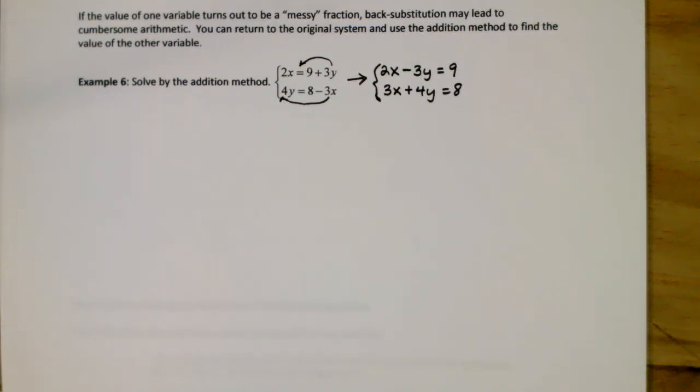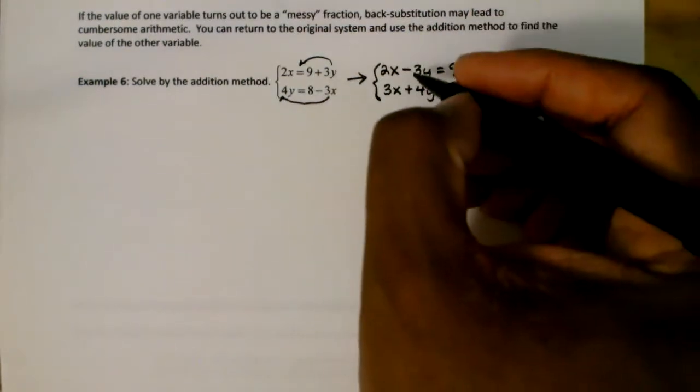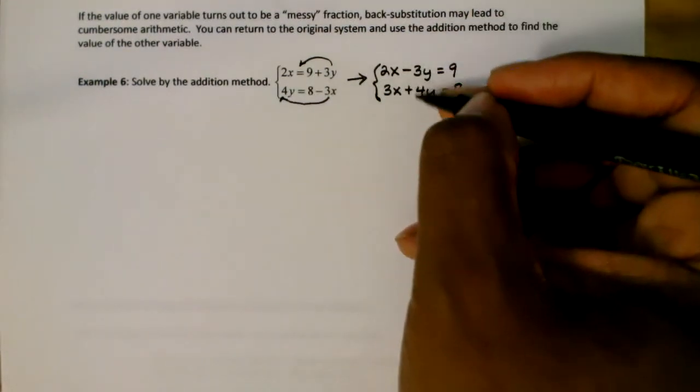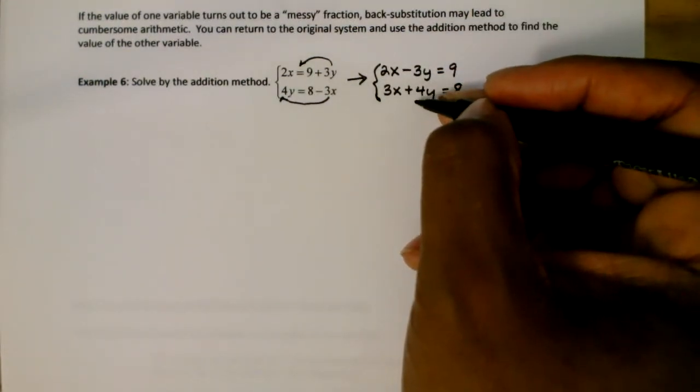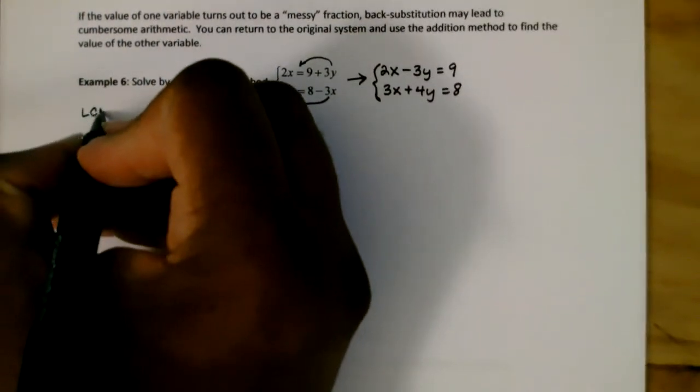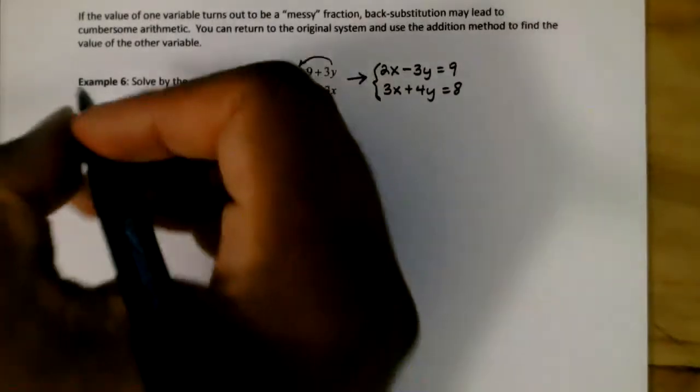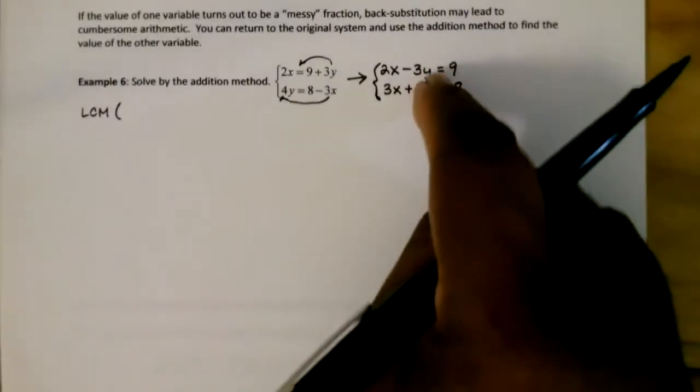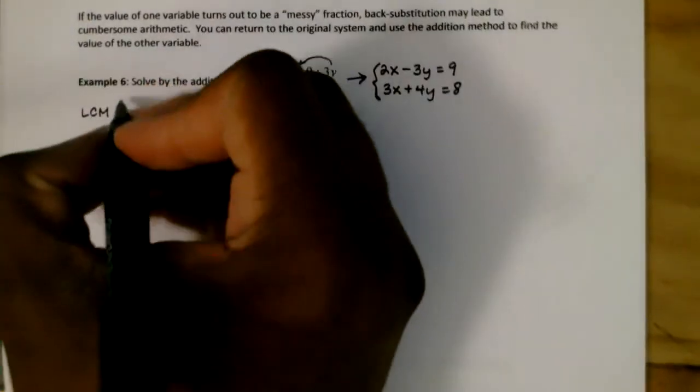All right, so first, let's see here. Since I have a minus 3y and a plus 4y, let's try to eliminate the y's. And to do that, I need a least common multiple of my coefficients, 3 and 4.